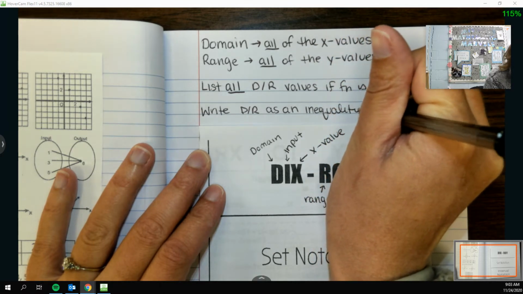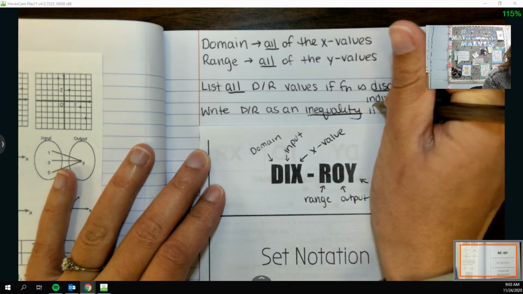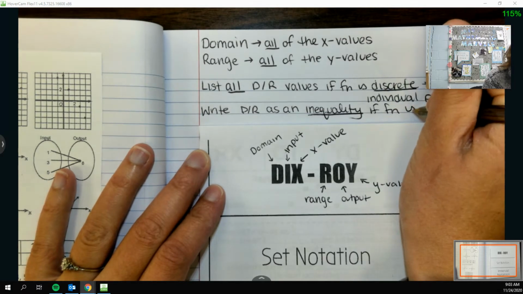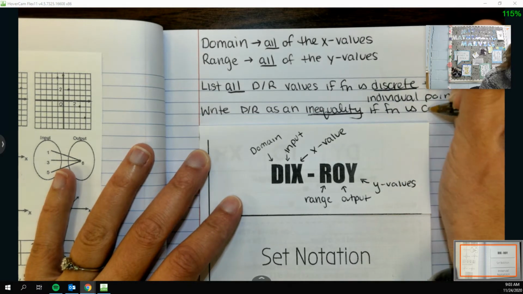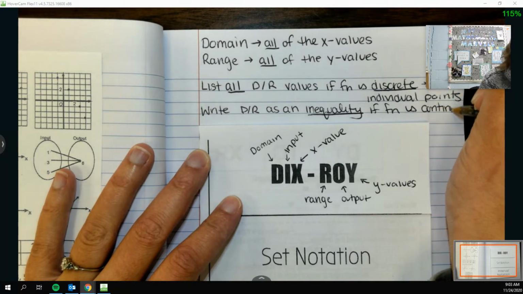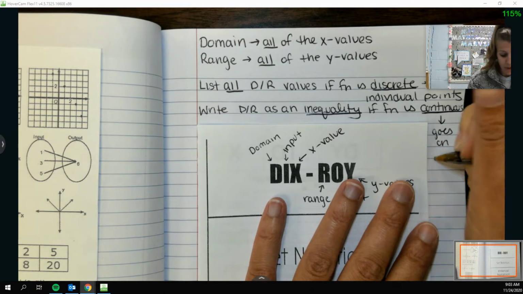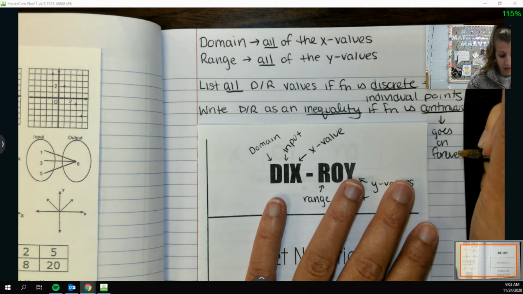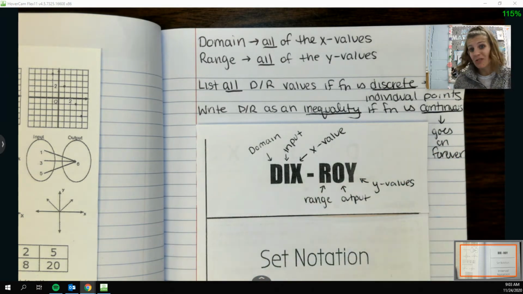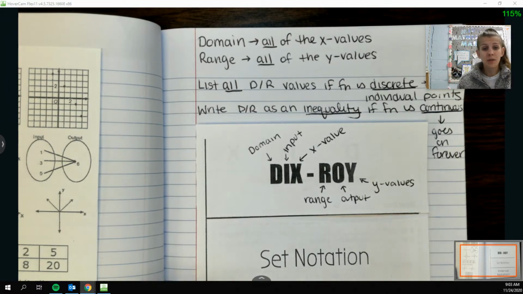So those are our greater than or less thans if the function is continuous. And when I say continuous, I mean it goes on forever, which some graphs and functions do.